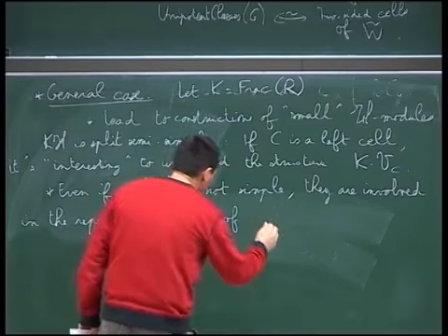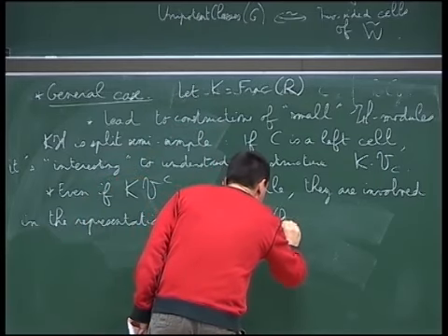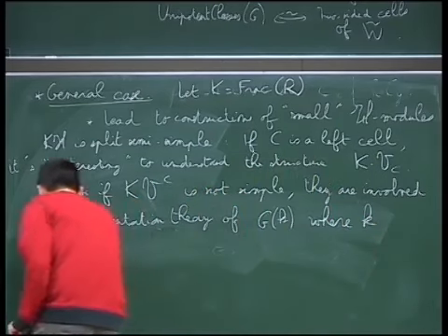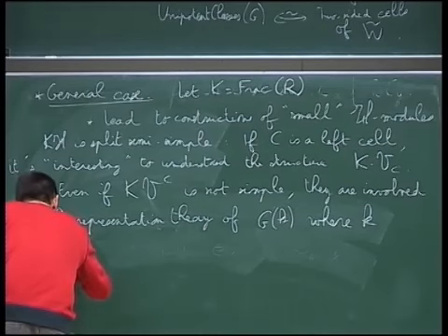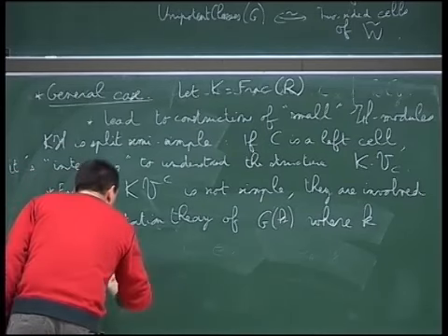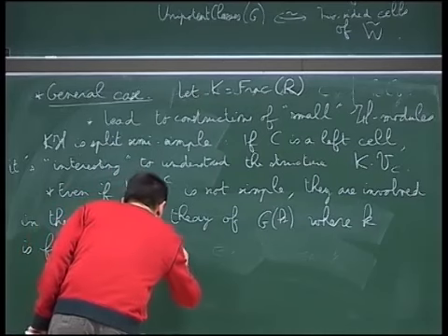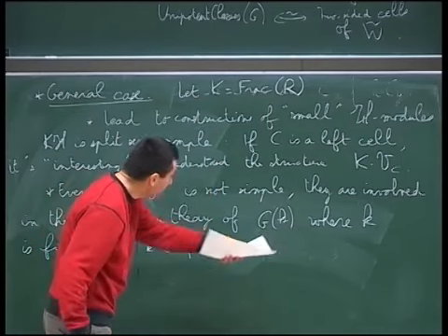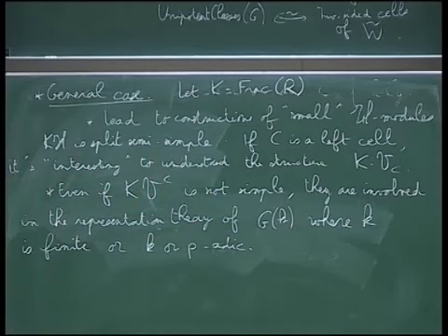Well, of, let's say, G of K, where K is finite, or K is a p-adic field. In the case where K is finite, it is a finite Weyl group which is involved. In the case of a p-adic field, one has to work with the affine Weyl group.